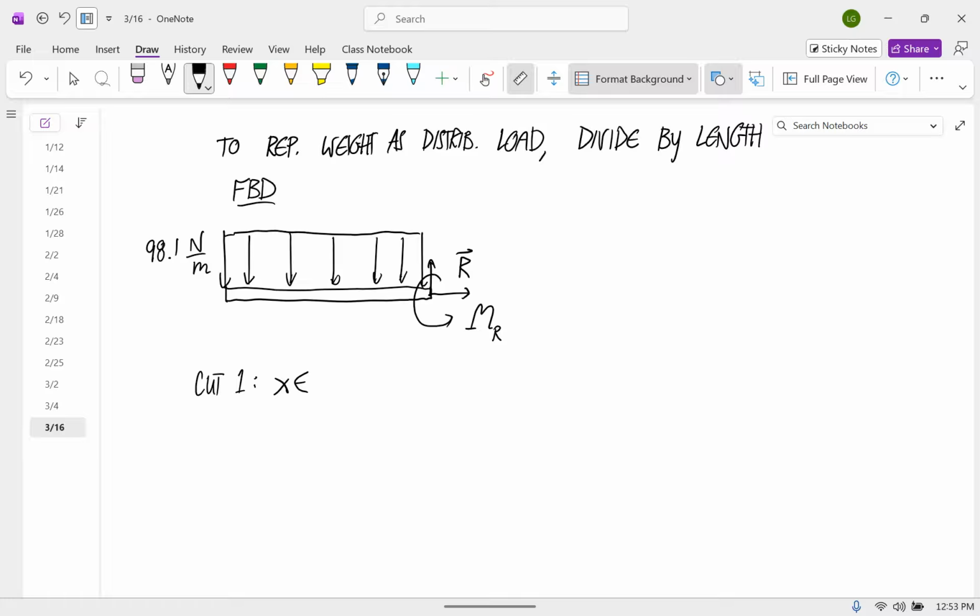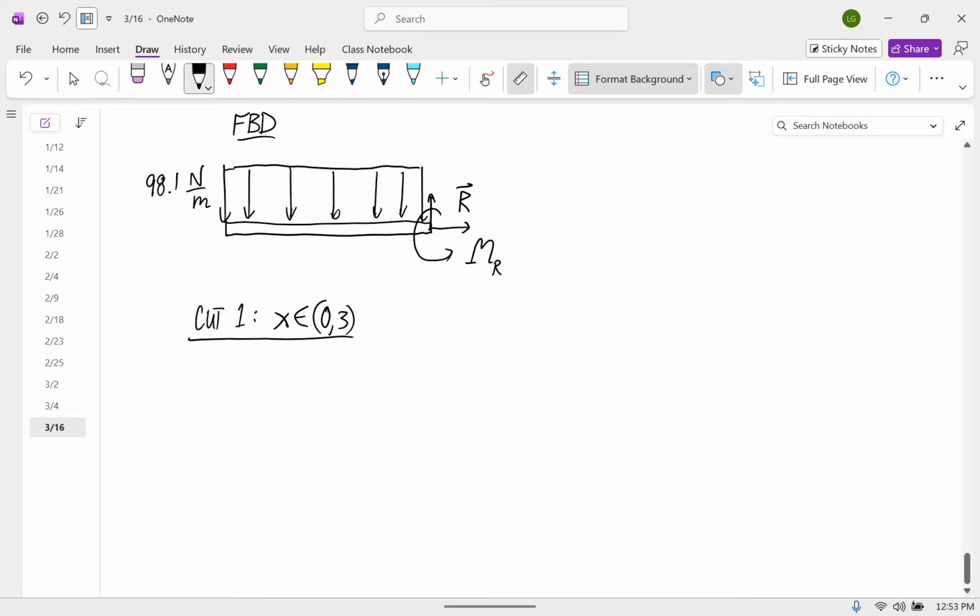So the question is, are there any points between the endpoints where there are point forces, point couples, or changes in the distributed load function? In this case, the distributed load function is just constant the whole time. It's a constant function. And so the whole thing is going to be represented by one cut. So our x is going to be between 0 and 3. So here's our free body diagram.